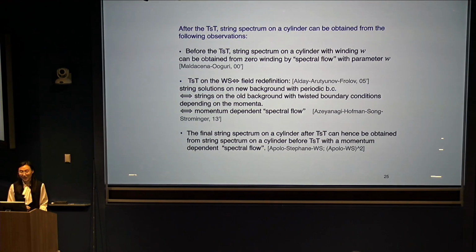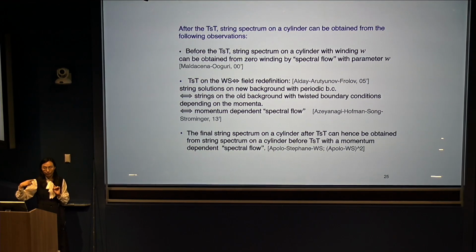Okay, I need to hurry up a bit. With a non-local field redefinition, the worksheet equation of motion after the TsT is equivalent to the worksheet equation of motion before the deformation, namely the WZW model equations of motion.